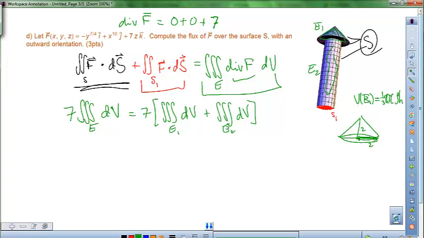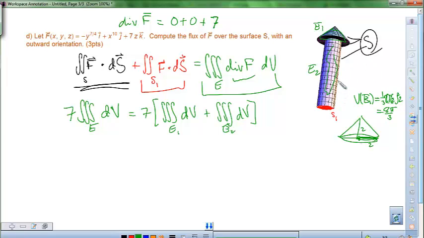Well, r is 2, h is 2, so that would be 2 times 2 times 2. It looks like it's 8 pi over 3. So that's the volume of E1.